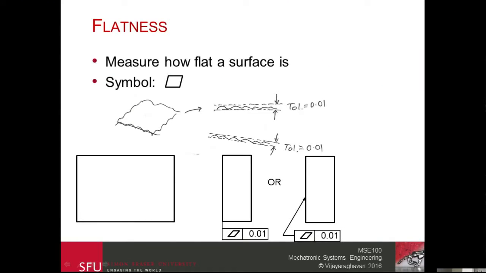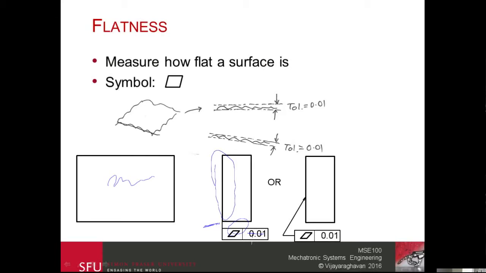Generally, if we wanted this surface to be flat, I'm going to pick a perpendicular surface. Look at the right view here. This would be the corresponding surface. If I wanted to make this flat, I'm going to mark off that particular surface using this symbol here, and I put the symbol right here, and then I put the tolerance right here.